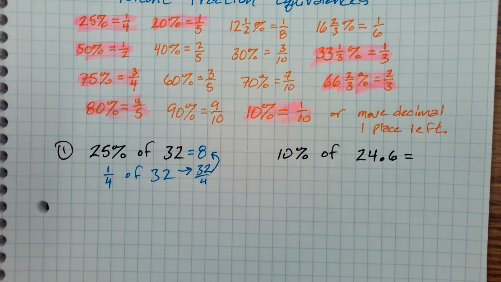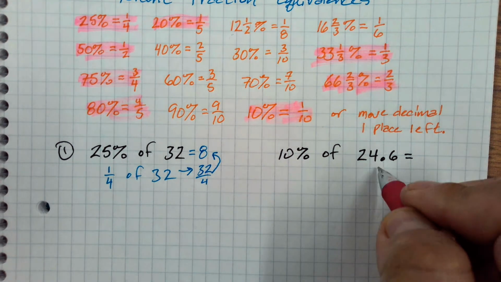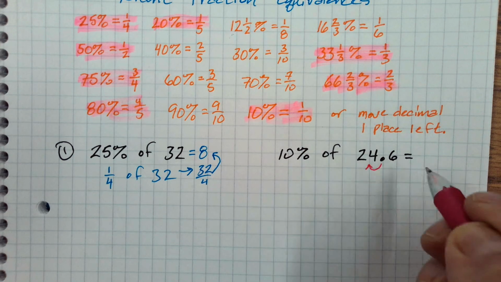Think about that. You can either multiply by 1/10 or move the decimal one place to the left. What's that going to give us? 2.46. You give me any number, finding 10% of it is super easy.